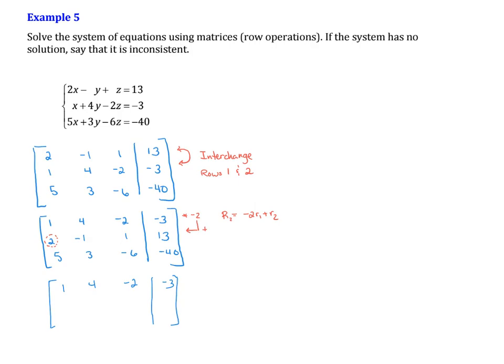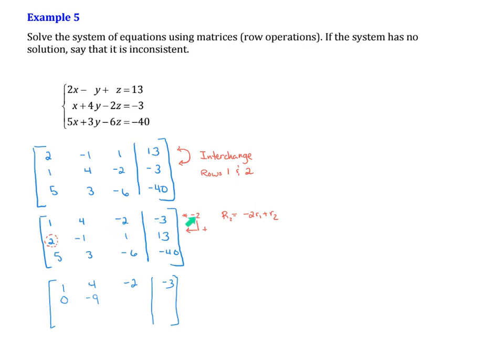So now our second row will be 1 times negative 2 plus 2. That's our 0. 4 times negative 2 plus negative 1 would be negative 8 minus 1, so negative 9.